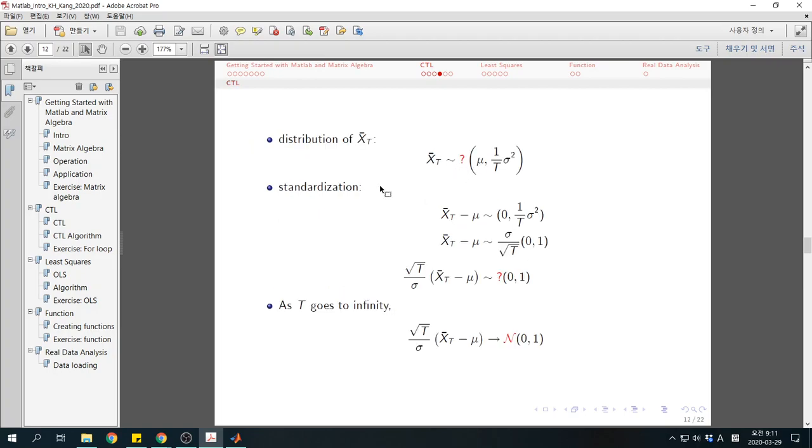Let's do the standard deviation here. The mean of x bar is mu, so x bar minus mu has mean 0.